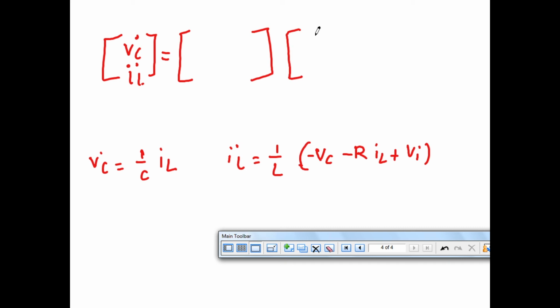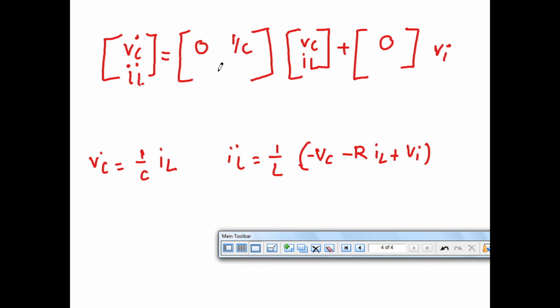Again we will be having this matrix, and one another vector, because we want to represent x dot of t is equal to A into x of t. So there will be Vc, there will be IL, plus some matrix, and the input was actually Vi. Vc dot is equal to 1 upon C into IL, so what we have to put over here: for Vc this term is 0, so I will put 0 here, and for this term I put 1 upon C. And the term for Vi is 0, because it is going to be multiplied with Vi.